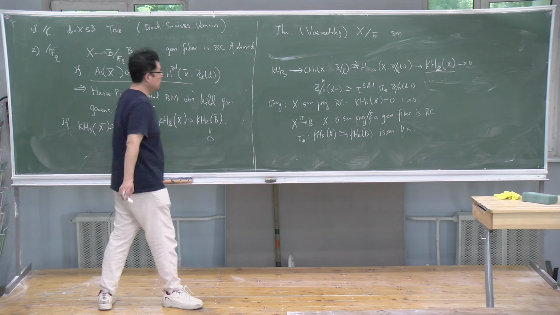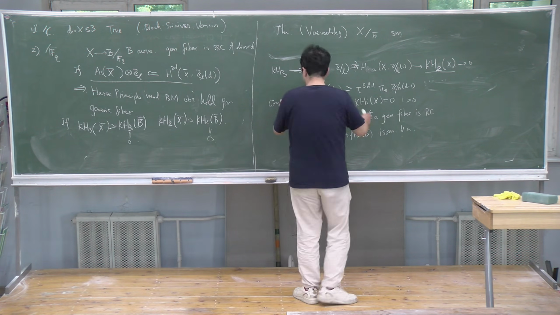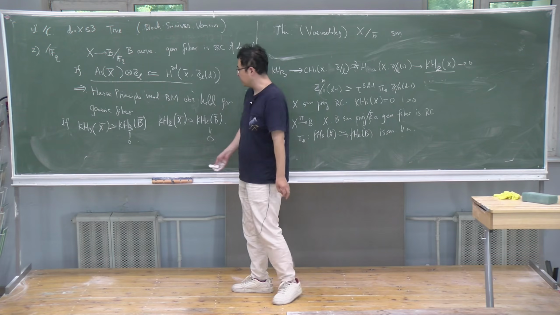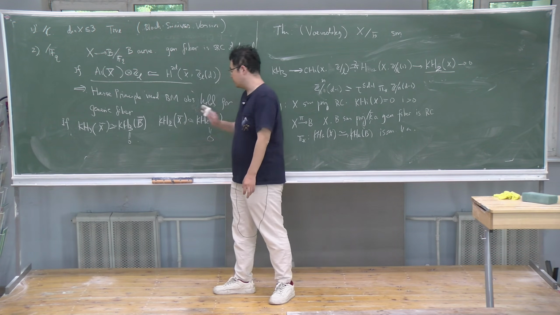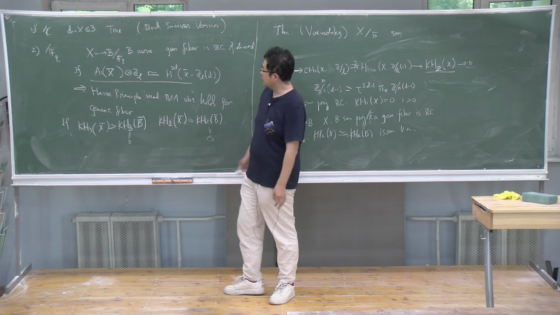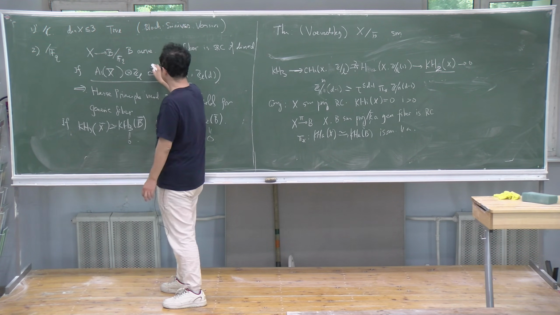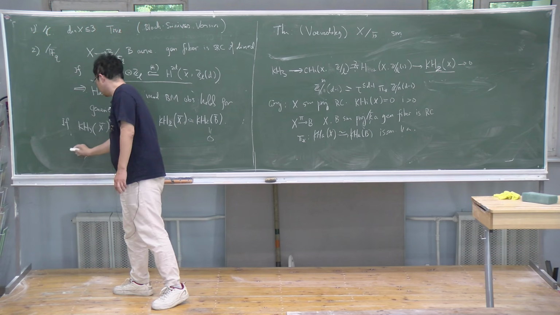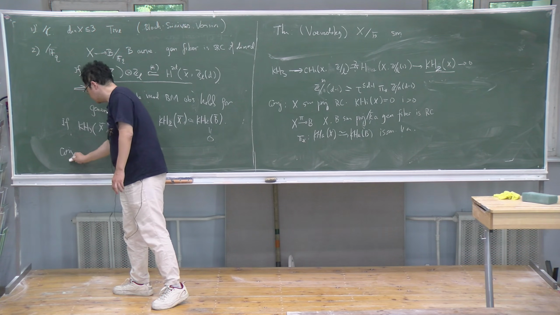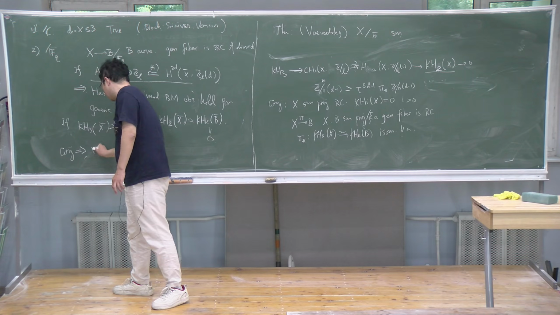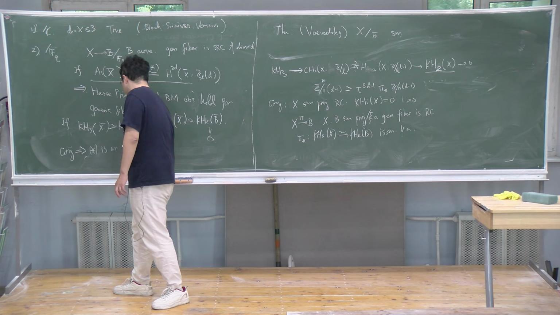Now this conjecture, if this is true, it will tell you that you have an isomorphism in this way. And then this is an isomorphism. So star. So this conjecture would imply that this star is an isomorphism.